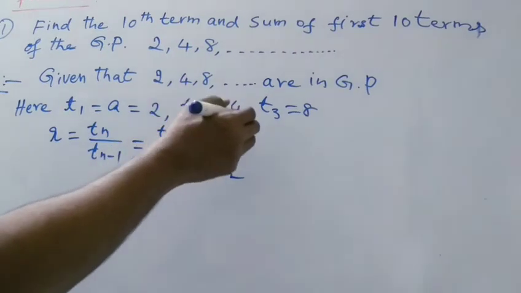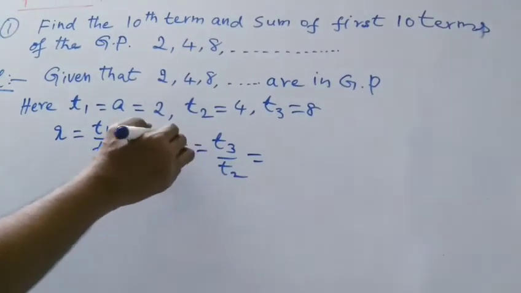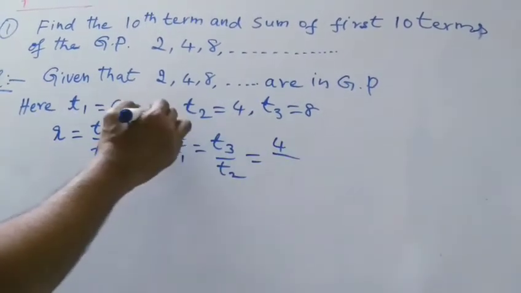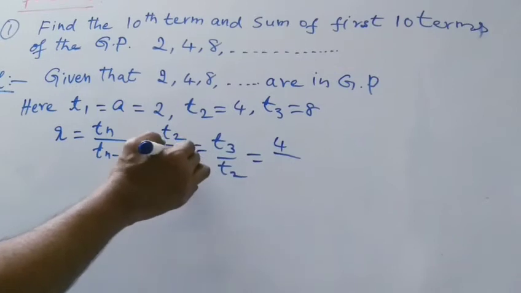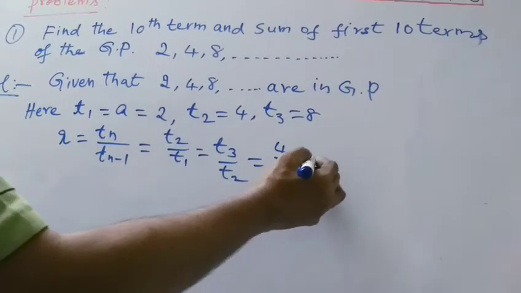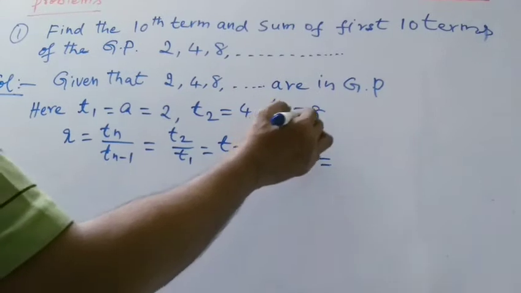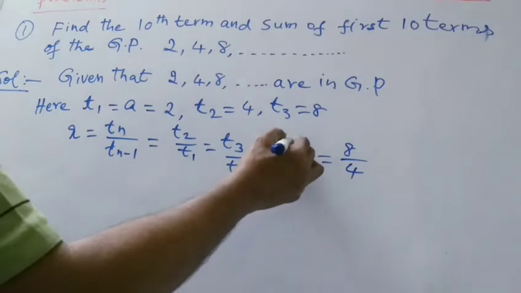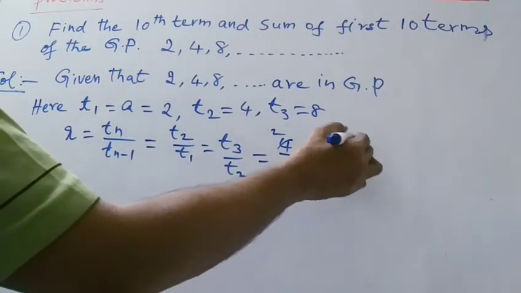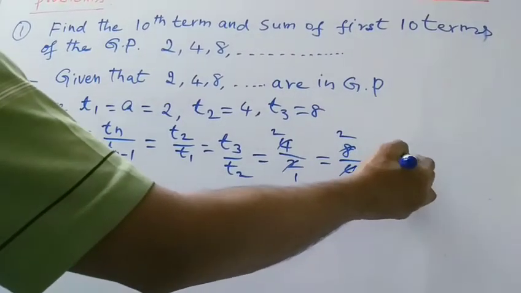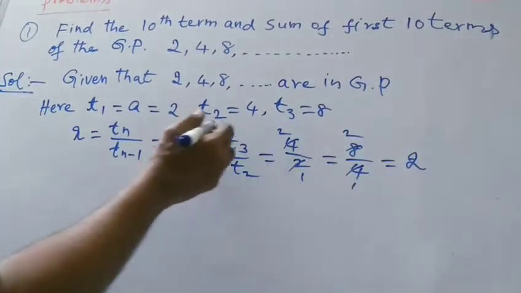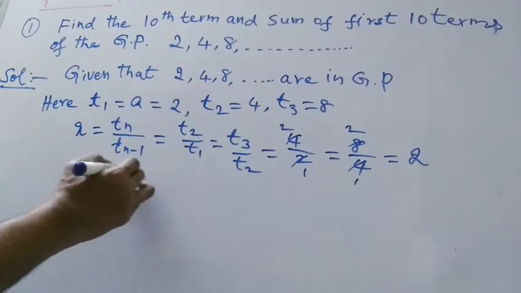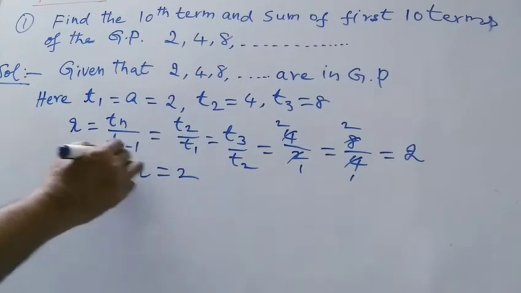T2 by T1 is 4 by 2, and T3 by T2 is 8 by 4. The common ratio is equal to 2 for all these terms. Therefore, common ratio r is equal to 2.